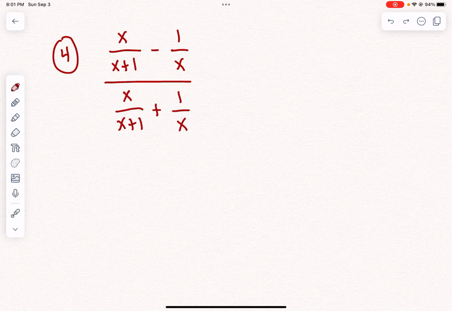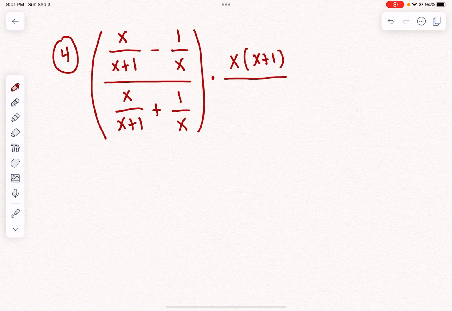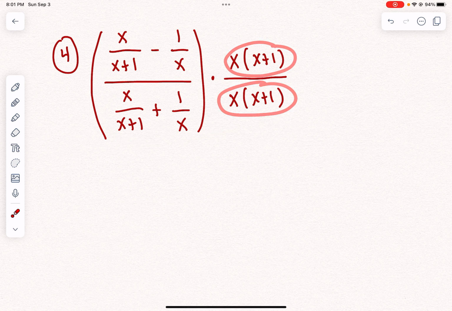So you're going to want to multiply this whole algebraic expression by x times x plus 1, and then put that over the same thing, x times x plus 1. Don't forget that we multiply the numerator and the denominator by our shared common denominator.